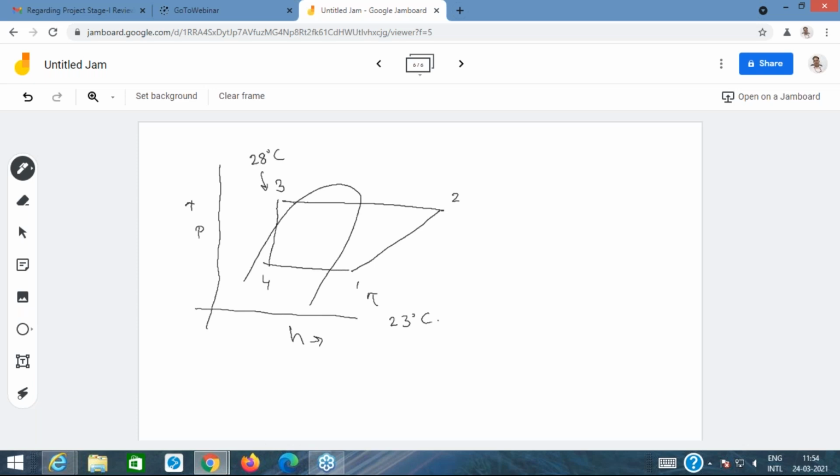Obviously, this value would be the saturation temperature corresponding to the evaporator pressure, and this value would be the saturation temperature corresponding to the condenser pressure. Now, you can also measure the temperature at the outlet. This value we got was 40 degrees centigrade, and this value we got was 21 degrees centigrade.